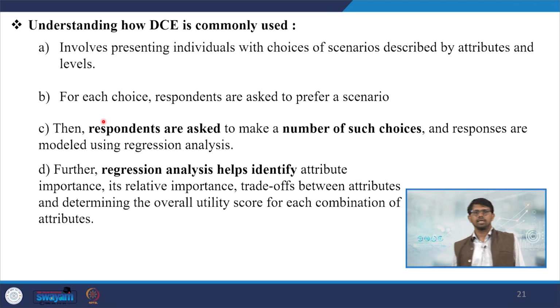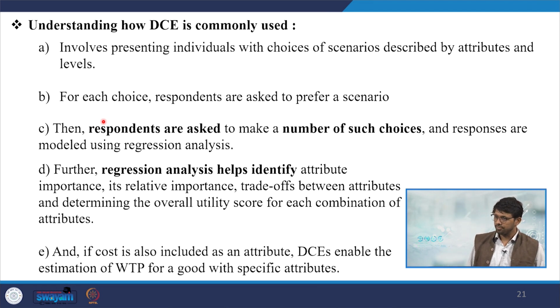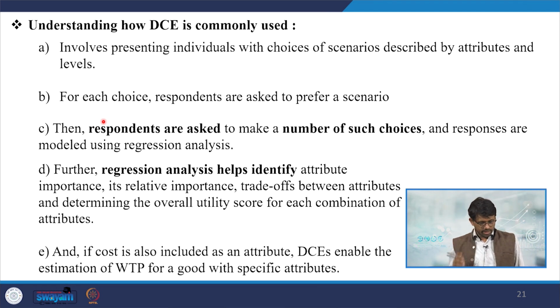The regression analysis helps identify the specific determinants, the factors which are largely impacting the valuation, and we can find out the trade-offs between the attributes and determine the overall utility score for each combination of attributes. And if cost is also included as an attribute, then DCs enable the estimation of willingness to pay for a good with specific attributes.